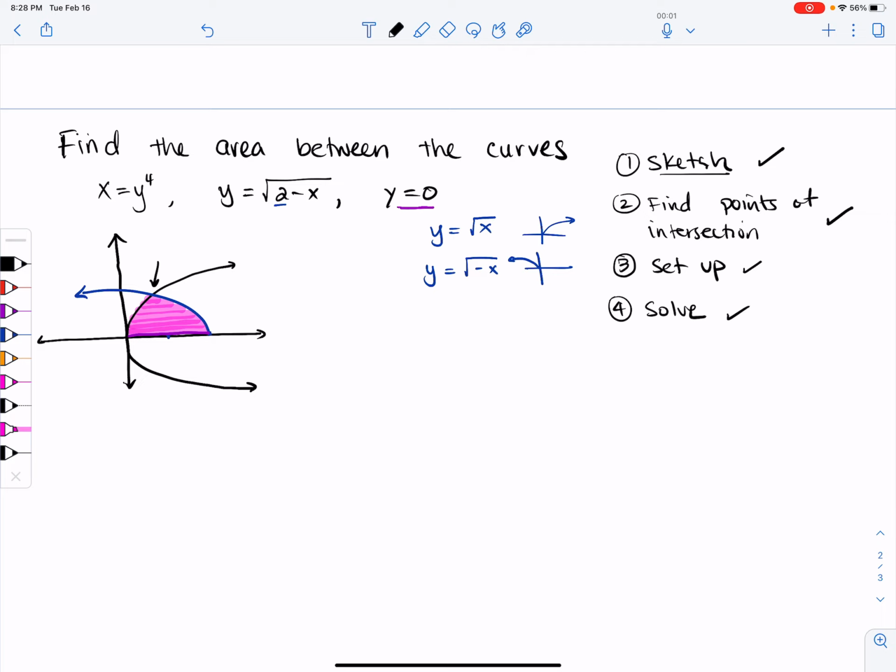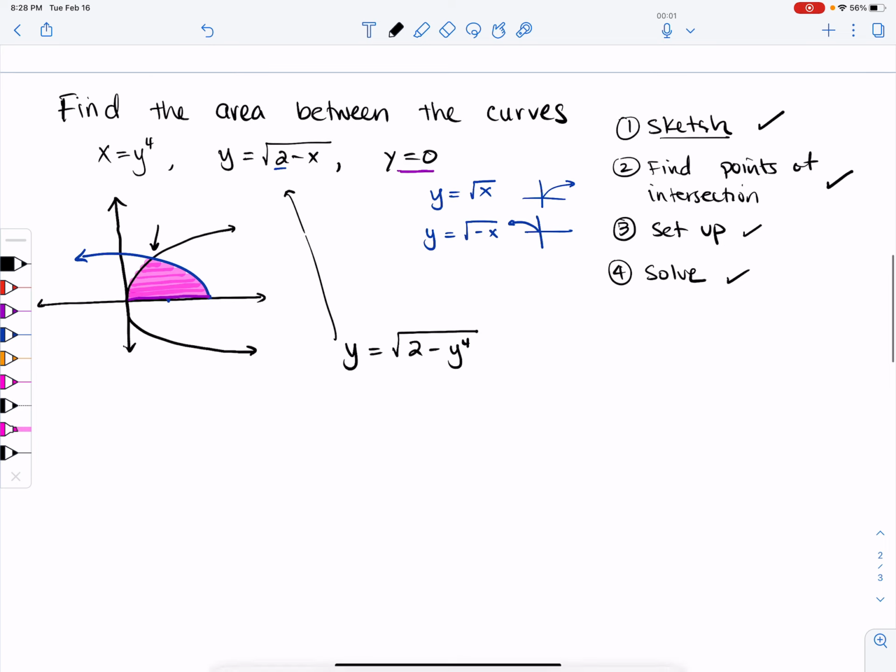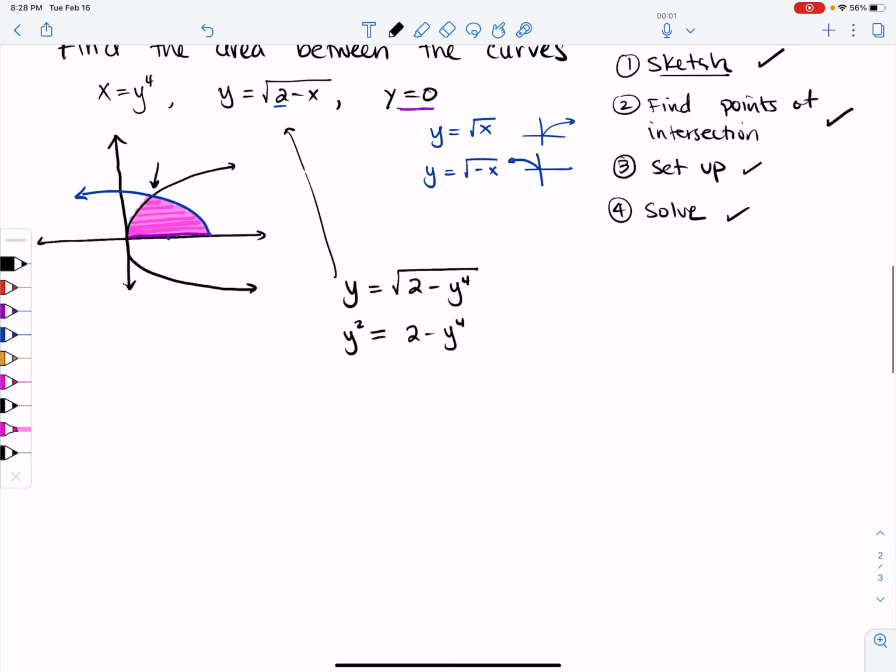And to figure out where those two graphs intersect, what you can do is solve by substitution and say y is equal to the square root of 2 minus y to the fourth. Or we can say that y squared is equal to 2 minus y to the fourth.